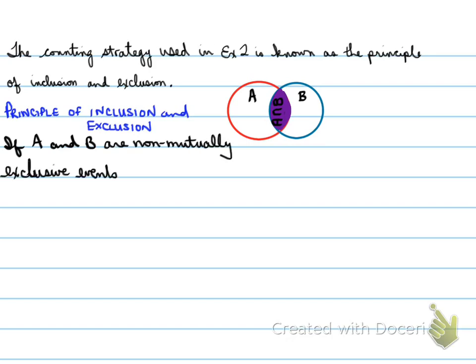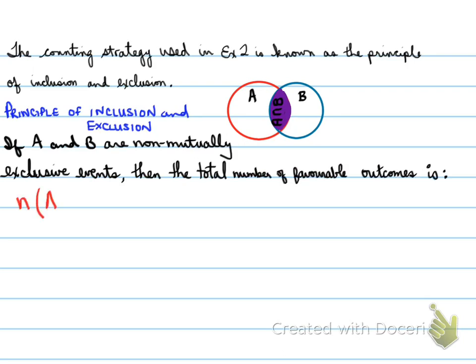If A and B are non-mutually exclusive events, then the total number of favorable outcomes is the number of A or B, which is equal to the number of A plus the number of B minus what was counted double.